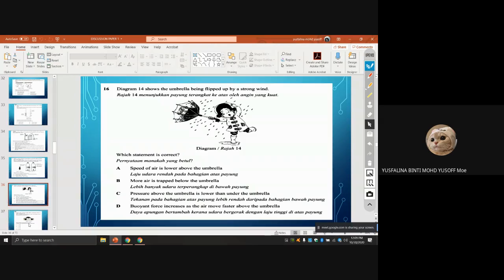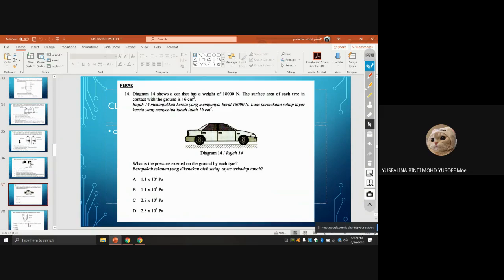Okay, next one. Diagram 14 shows a car with a weight of 18,000 Newton. The surface area of each car tire in contact with the ground is 16 cm squared. What is the pressure exerted on the ground by each tire?